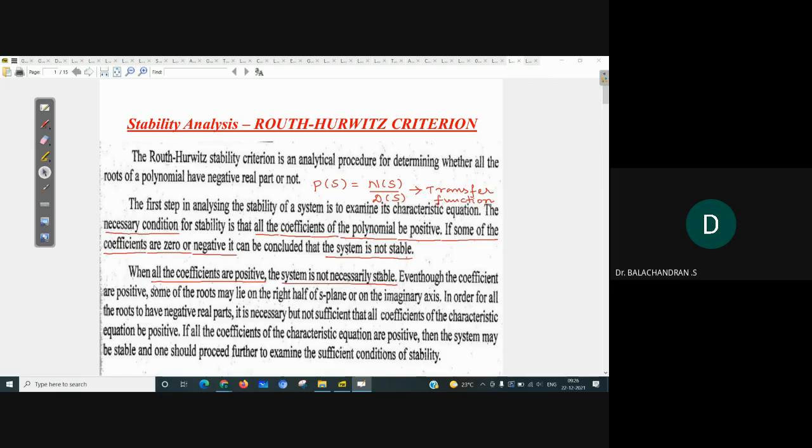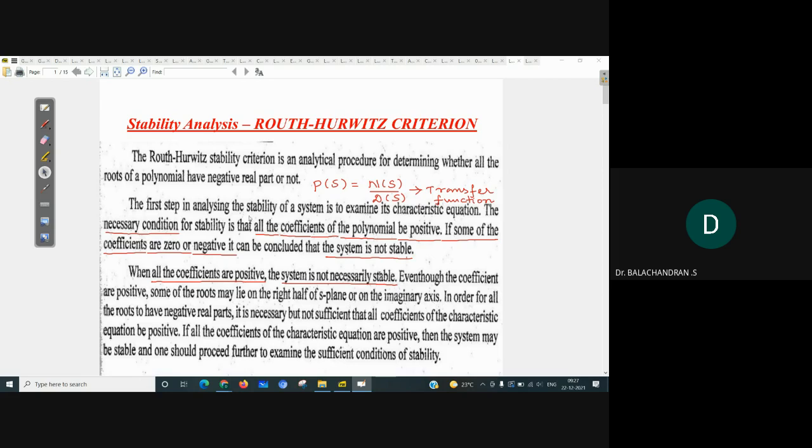When all the coefficients are positive, the system is not necessarily stable. Even though the coefficients are positive, some of the roots may lie on the right half of the S plane or on the imaginary axis.